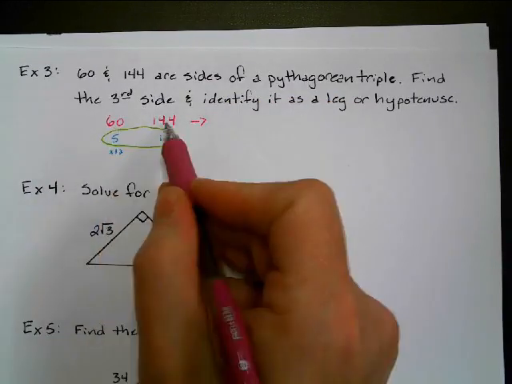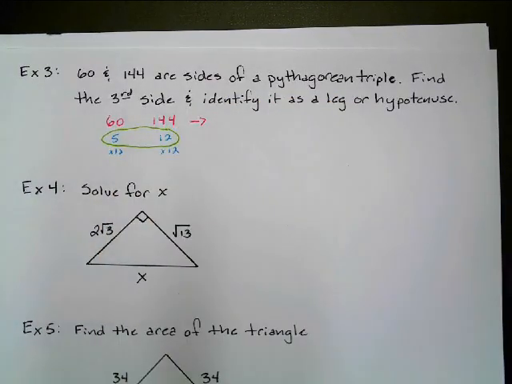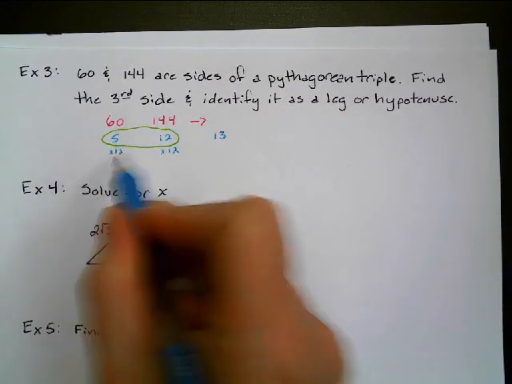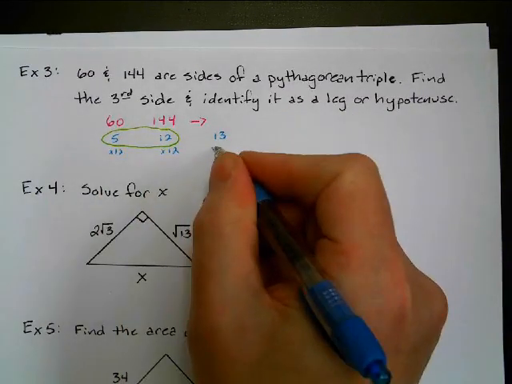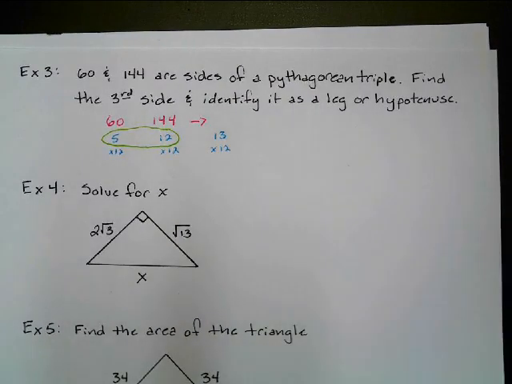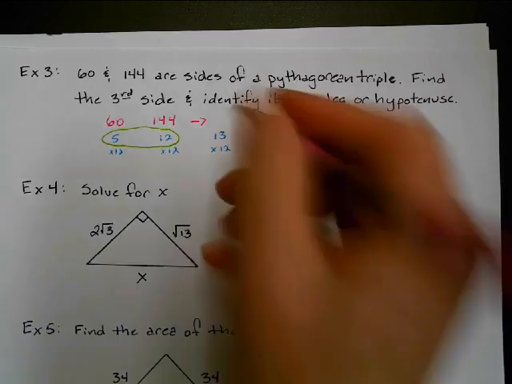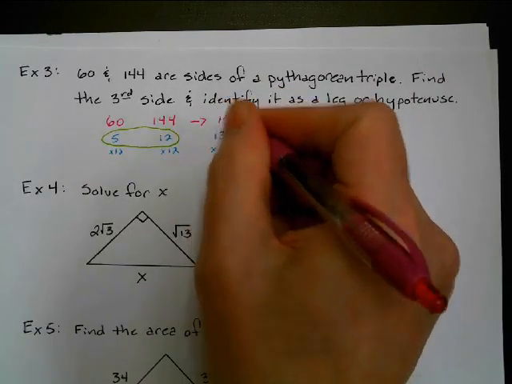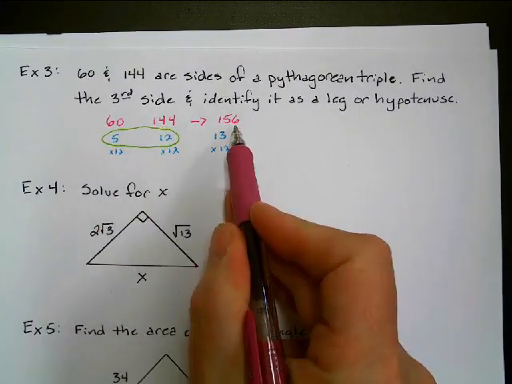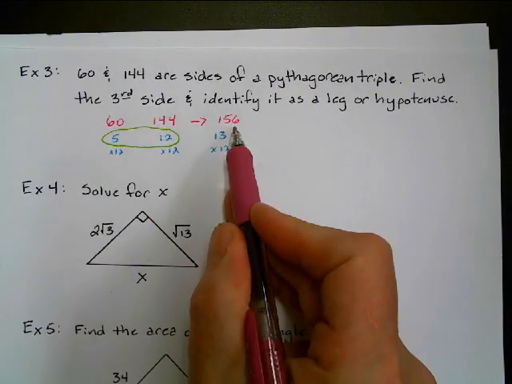In the pattern, the other number would be 13, but all of these got multiplied by 12, so I would multiply 13 times 12. So 13 times 12 is 156. So this is a 60, 144, 156 triangle. And 156, since it's the largest number, is the hypotenuse.